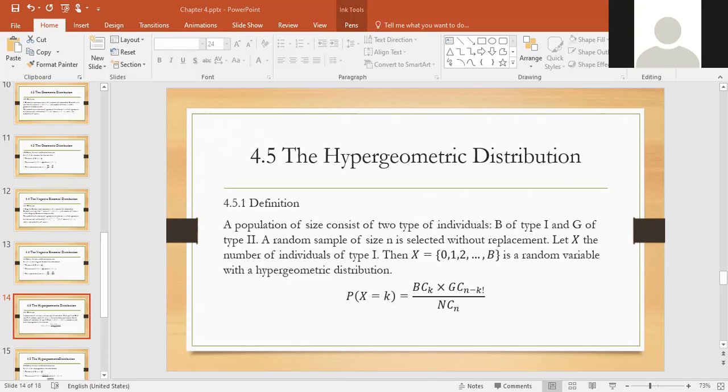Let's do an example. Did we do one example last time? I have an example, maybe on the PowerPoint. Hypergeometric distribution.